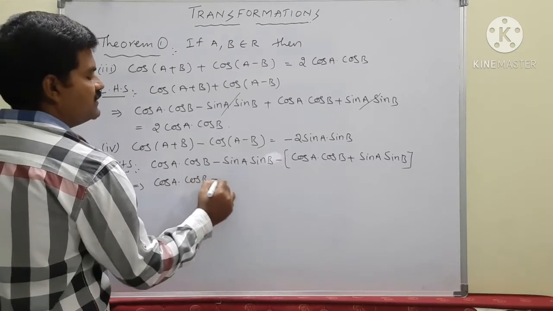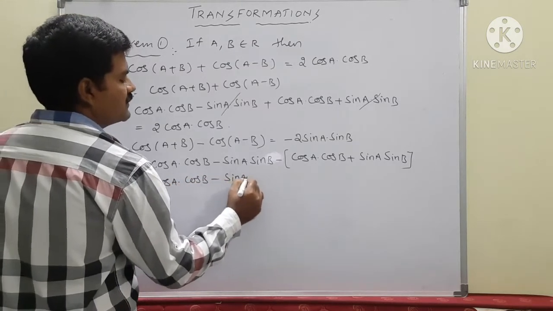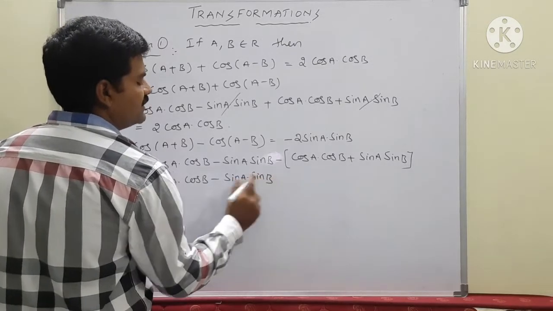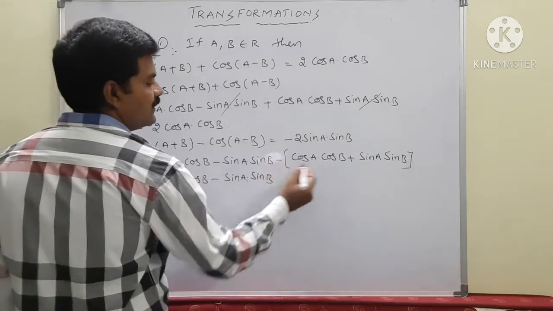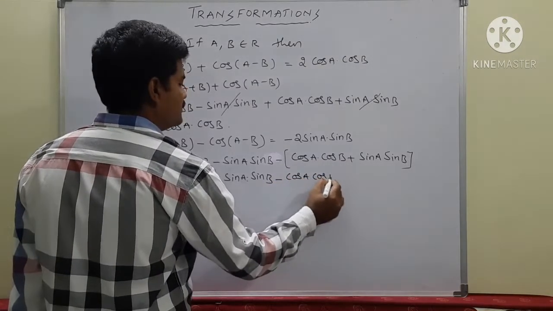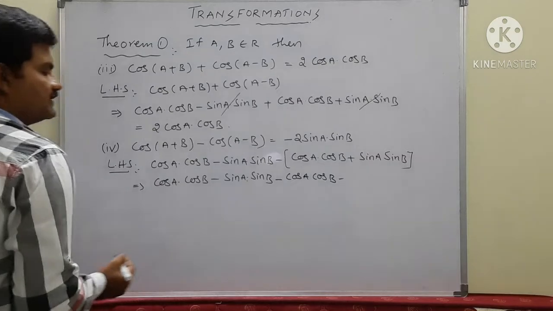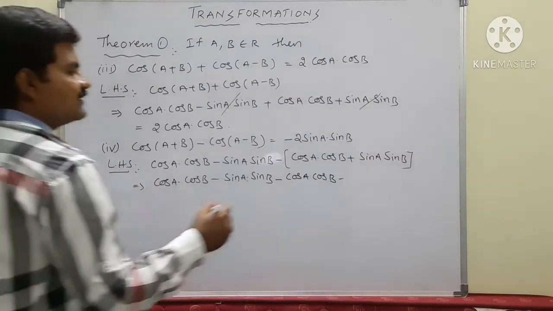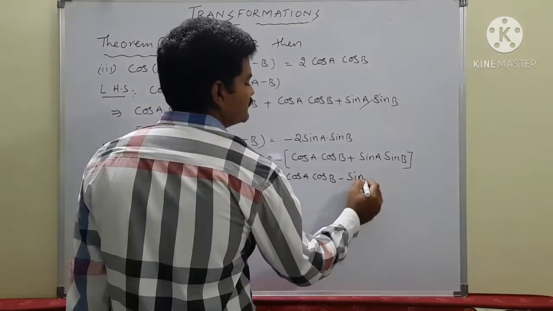So before the bracket there is a minus, isn't it? So multiply with minus now. Minus cos a into cos b, minus sin a into sin b.